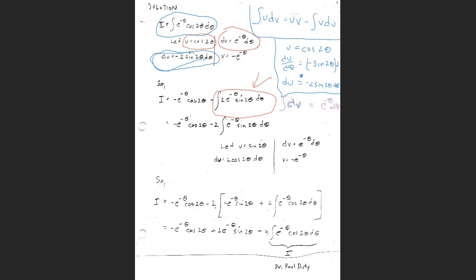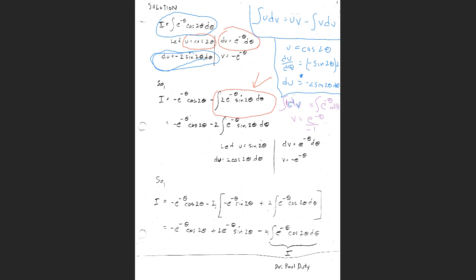If you integrate both sides, there's a 1 there, a 1 right here. You're going to get v equals, okay, what's the antiderivative of e to the negative theta? It's going to be e to the negative theta over negative 1.